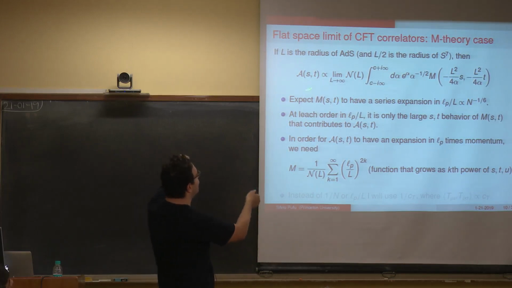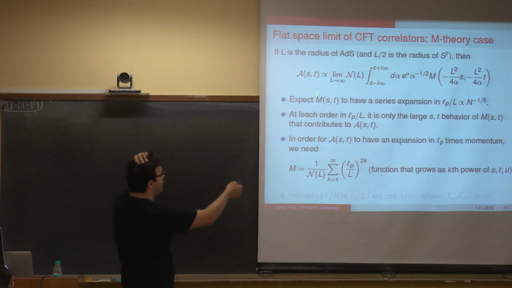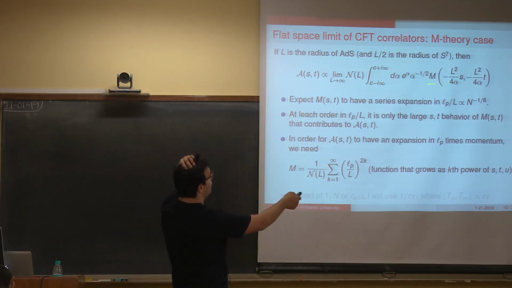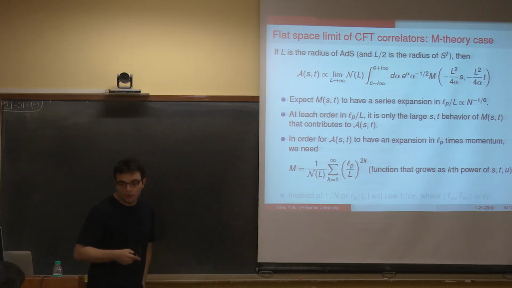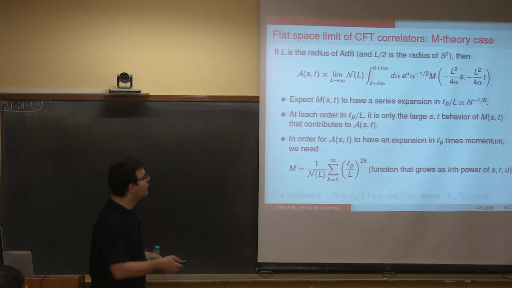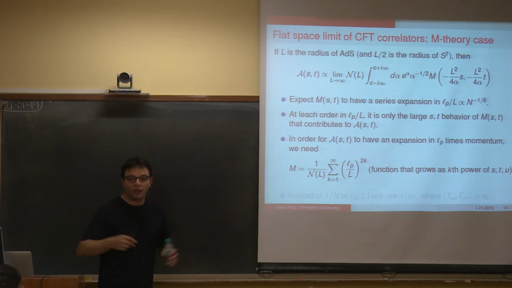This is the scattering amplitude in flat space, related to that function m in this way. So s and t now are the Mandelstam invariants in the flat space scattering process. We evaluate m at these values, and then we do this alpha integral, and then you have to take the limit L goes to infinity, where L is the radius of AdS, so that you get flat space.